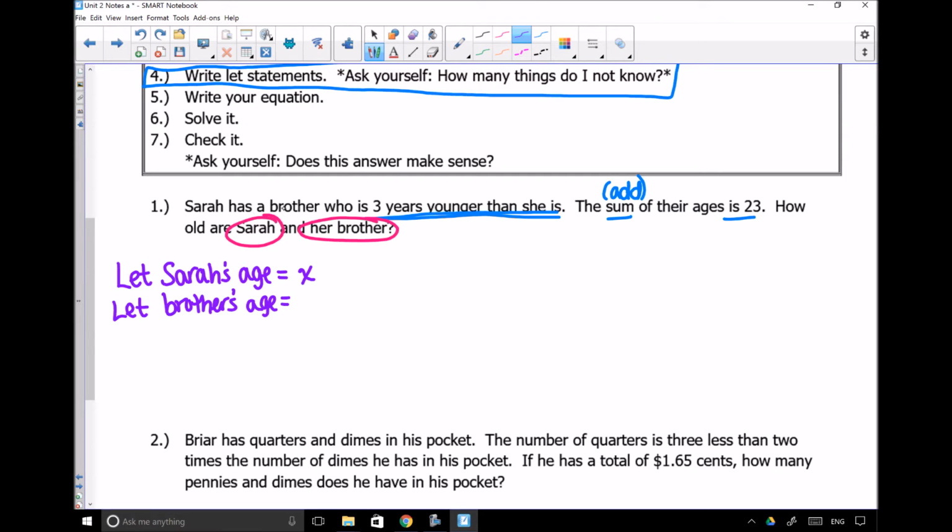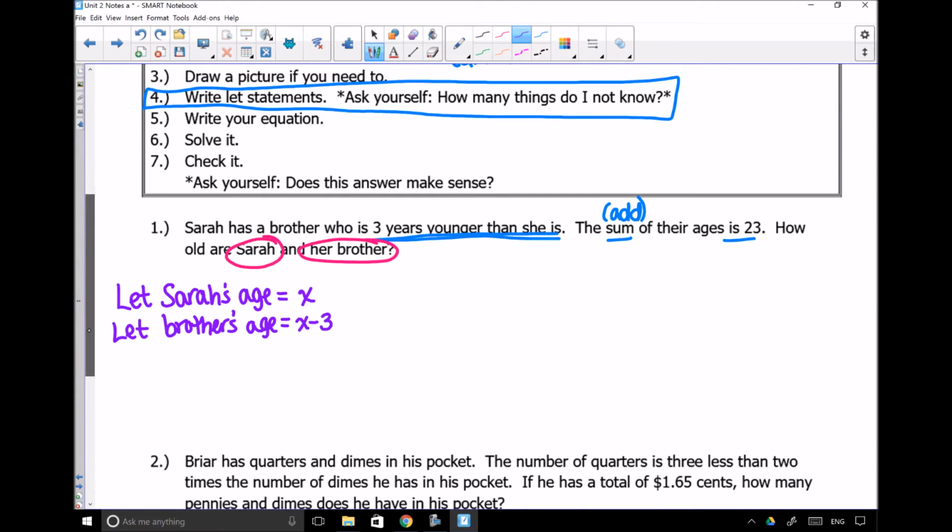I know that Sarah's brother is 3 years younger than she is, so I'm going to take her age and subtract 3 because I know that he's 3 years younger. So I subtract 3 if it's 3 years younger. Okay? There were 2 things I didn't know, so I wrote 2 let statements, so I'm done with that step.